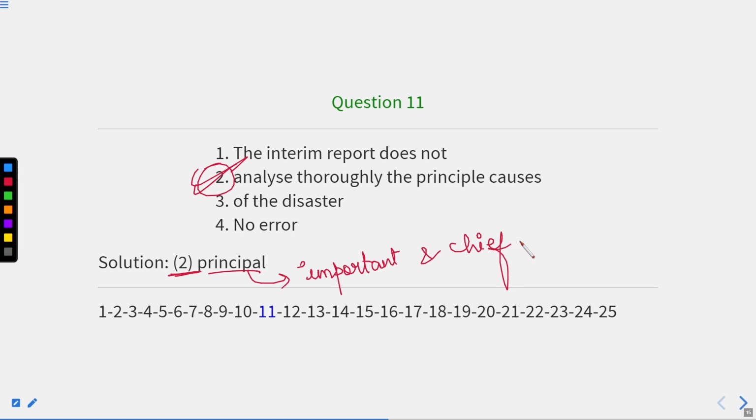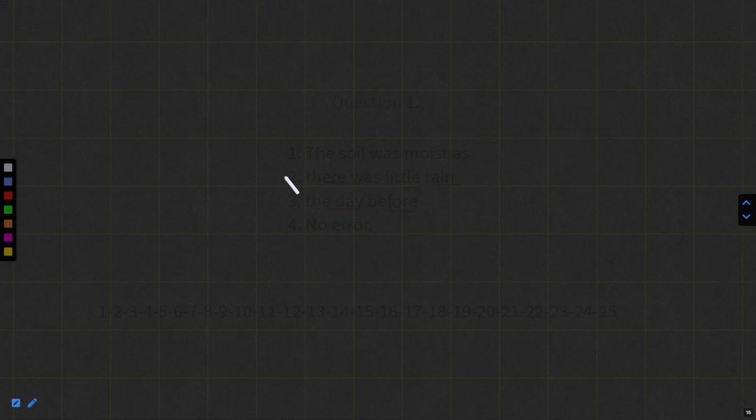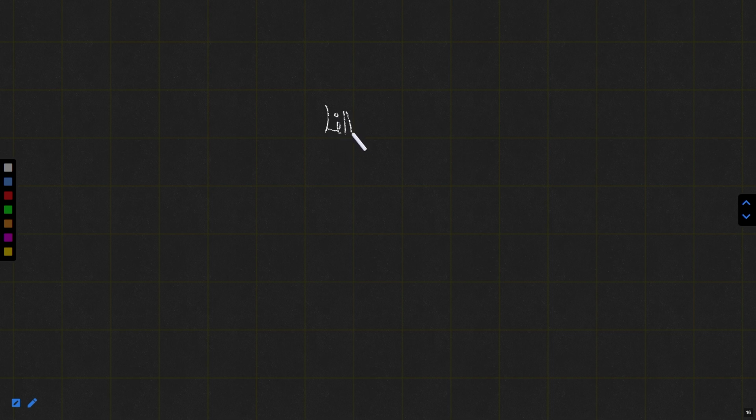Now let us move to the next one. The soil was moist as there was little rain the day before. Now here we have a word little. Little is always used with uncountable noun. Also, little is a negative word which means negligible.